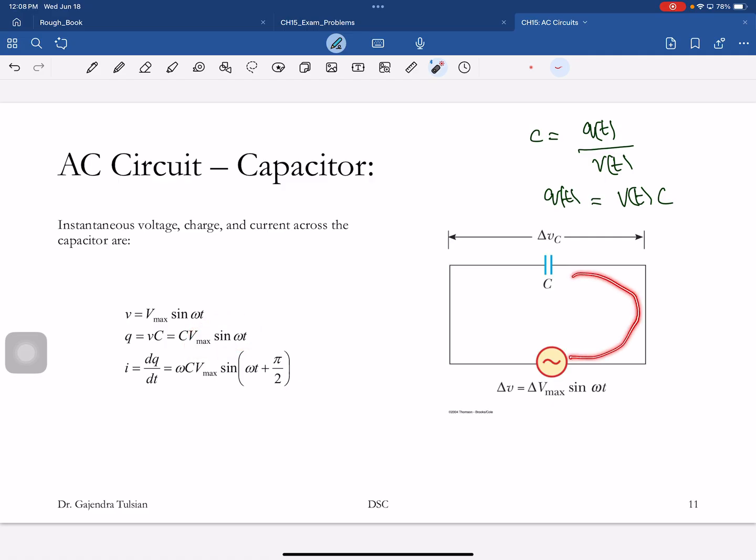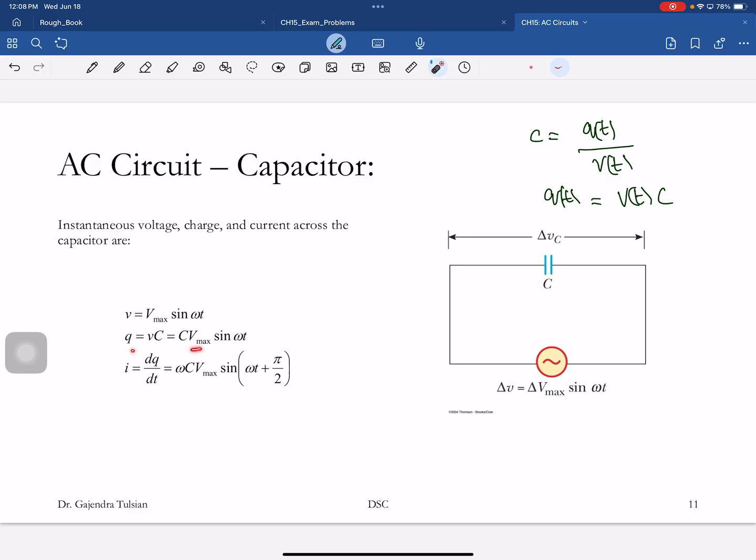And the charges move instantaneously. They don't move instantaneously, but at the speed of light, and none of our circuits could tell the difference. So as far as we are concerned, it's moving instantaneously.